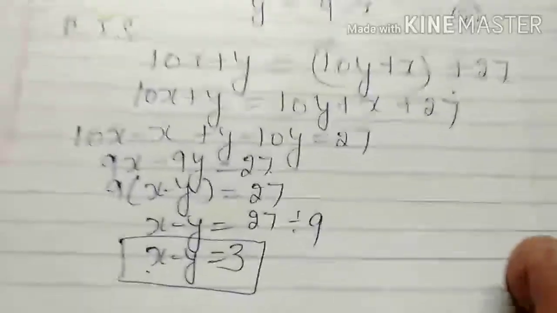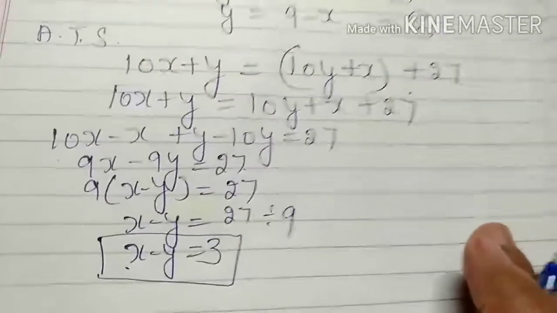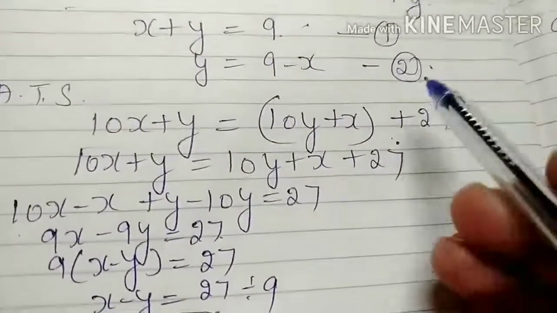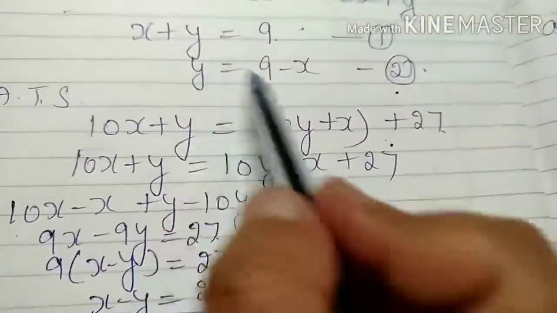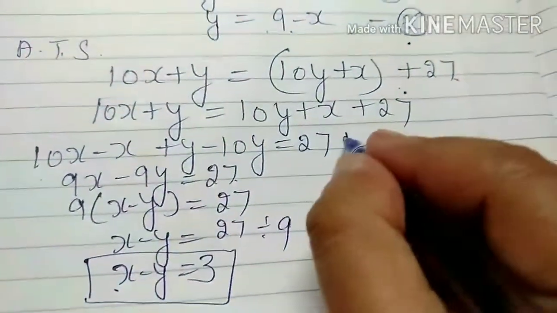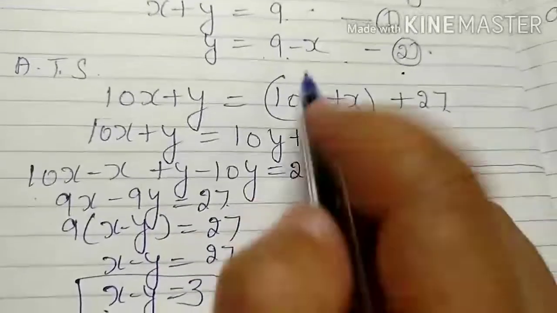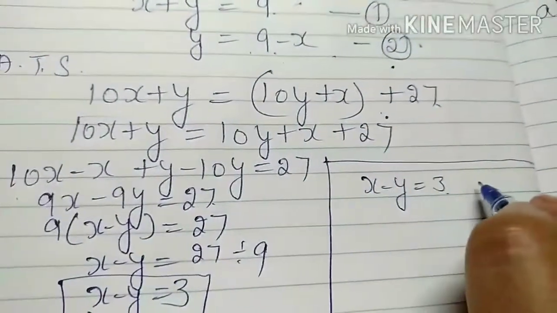Now the question is how I will find the x and y variables, the digits. Look at my second equation: y is equal to 9 minus x. I simply put this in the equation x minus y is equal to 3.